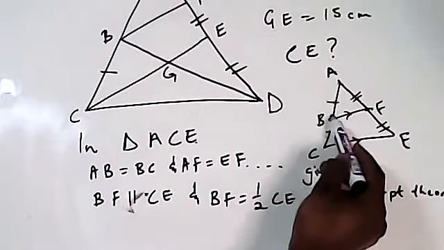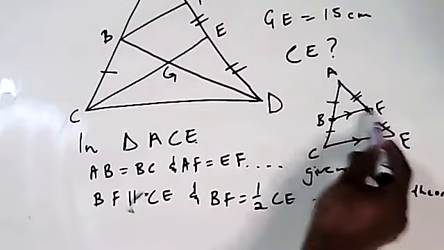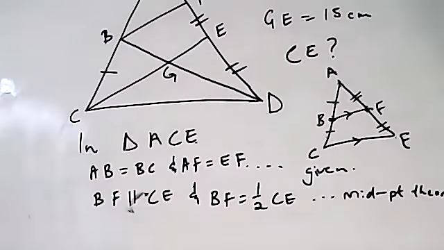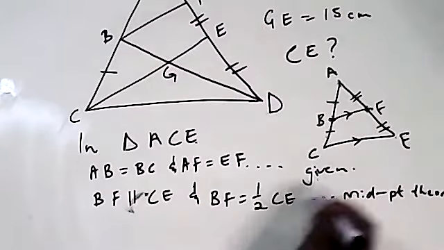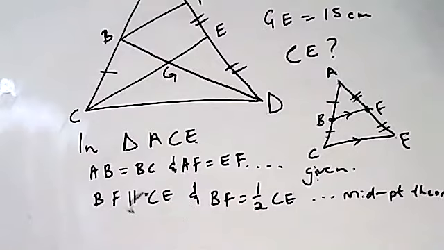You can see AB, BC, and AF and FE. That is given. They told us that was the case. And then from there, we are done with this triangle.